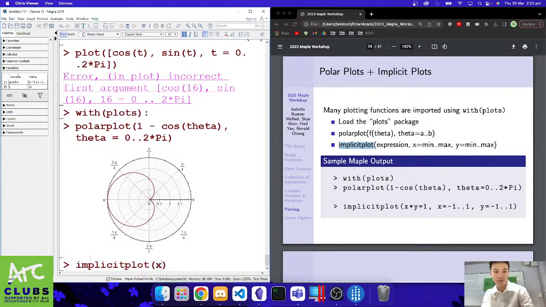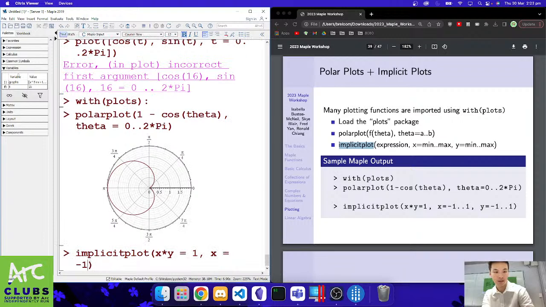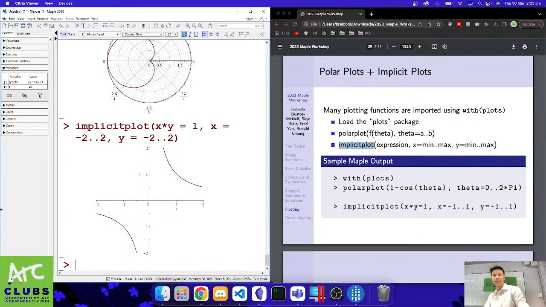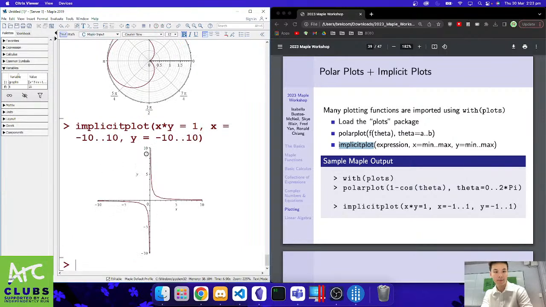Let's say we're trying to plot the hyperbola x times y equals 1, where x ranges from -2 to 2 and y ranges from -2 to 2. Hit enter, and this gives us a nice hyperbola. We can also increase the range to make it look clearer. So -10 to 10, hit enter, and that gets us a nice looking hyperbola.